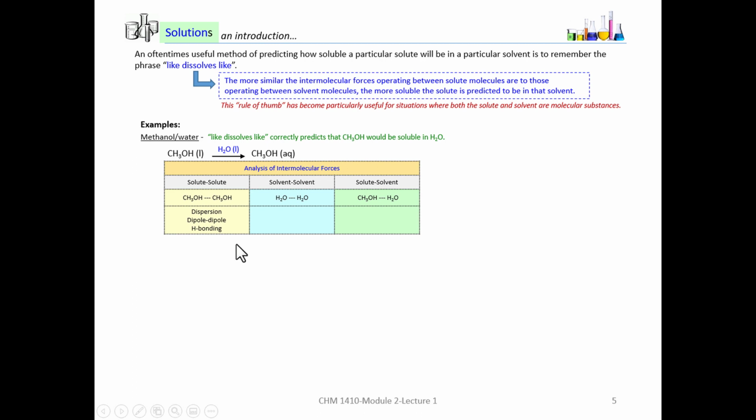Well, what are the intermolecular forces operating between methanol molecules? Well, dispersion, of course, dipole-dipole because methanol is polar, and hydrogen bonding. We've got hydrogen attached to oxygen. Well, not coincidentally, water has the same types of intermolecular forces. As a bonus here, when we think about methanol interacting with water, we've got the same types of forces that are operating between the solute molecules and between the solvent molecules.